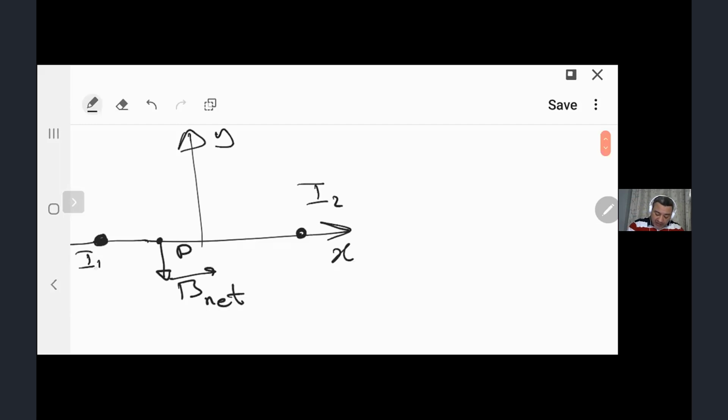So if I look at the magnetic field that is pointing downward, due to the right hand, I take my fingers and rotate them such that the magnetic field is pointing downward. I can notice that the current in case I1 is into the screen, and the current in case I2 is out of the screen.